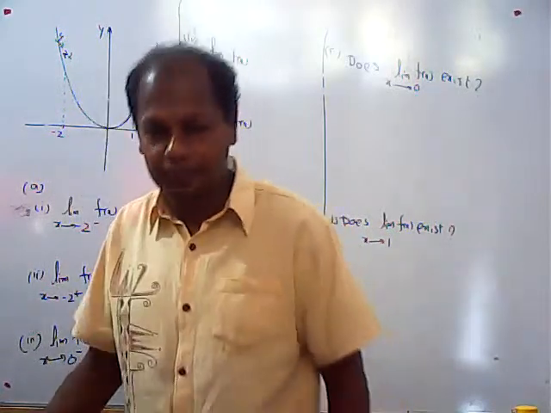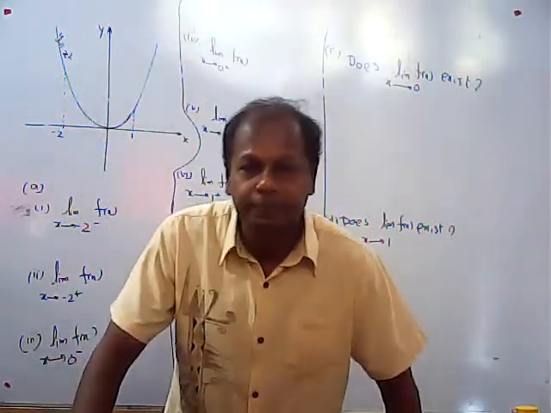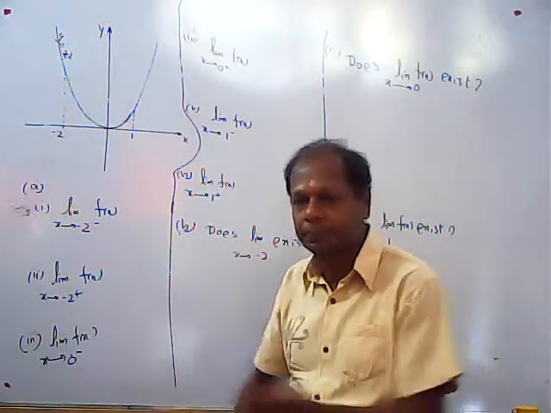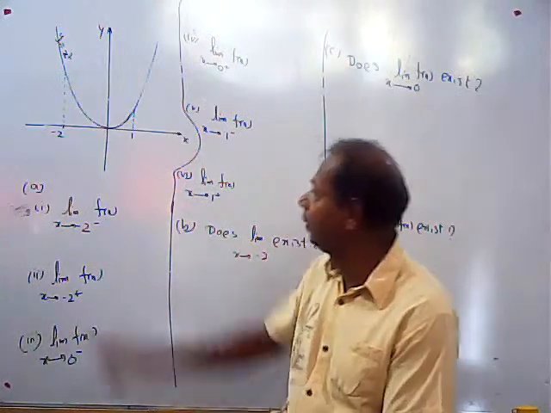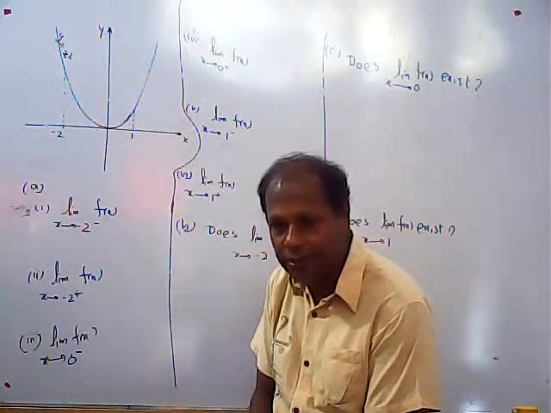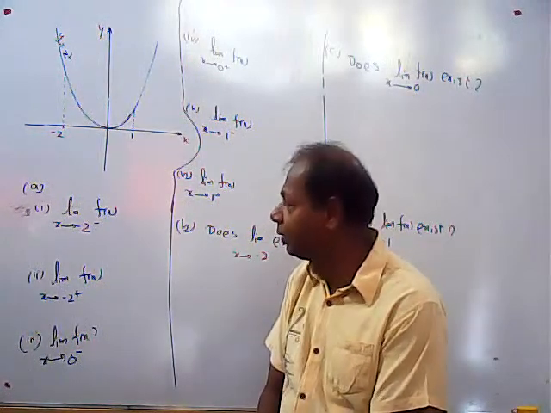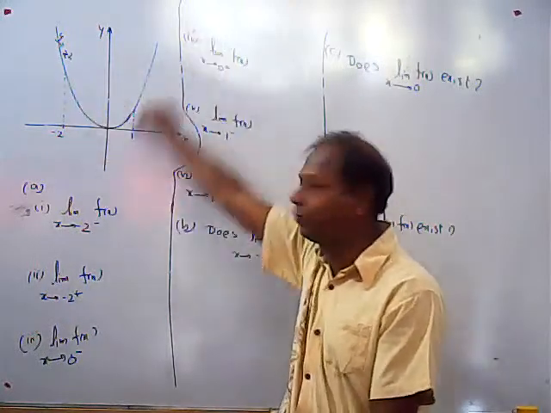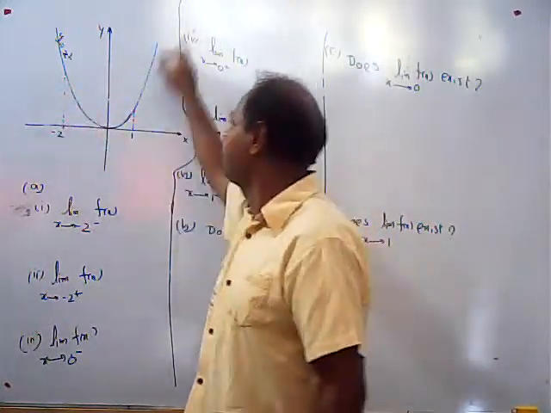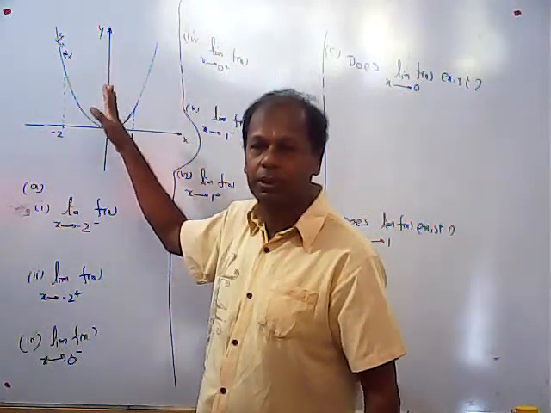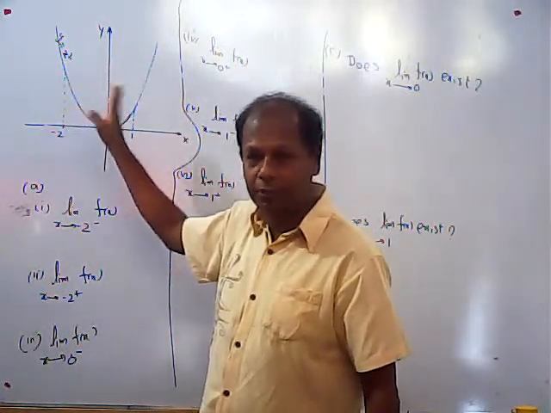Yeah, Satin is there. Welcome. This example I gave you, f(x) equals x squared, right? And I asked you to find these limits. This is the graph of y equals x squared, right? Something you know how to do, very easy for you.